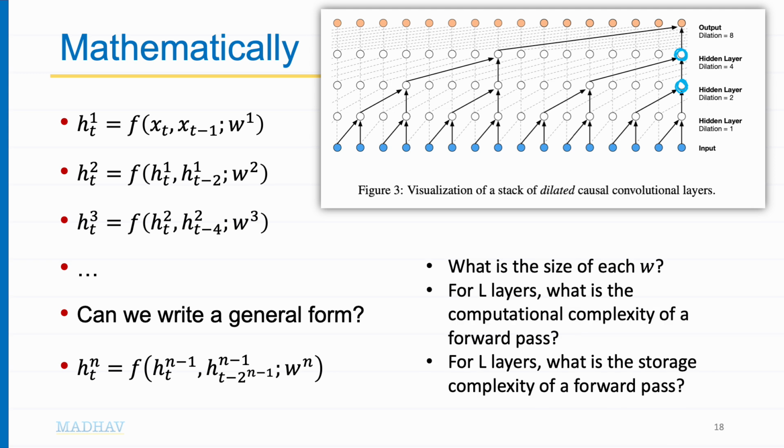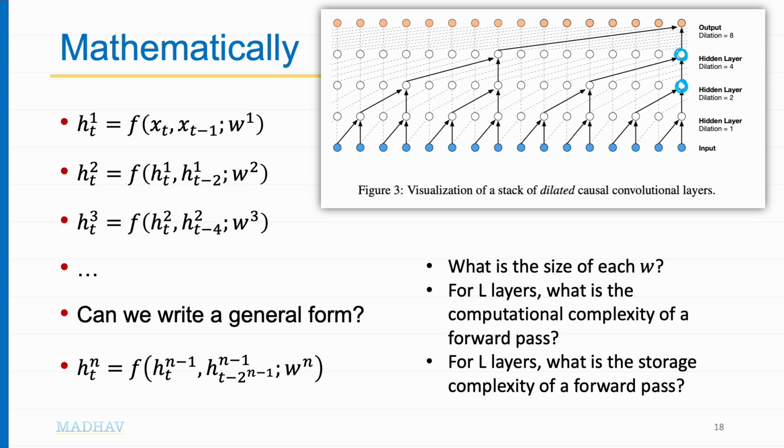How many parameters? What is the size of each W? You see so many W's here. What is the size of each W? Let's take a simple MLP or simple multi-layer perceptron, or simple neural network neuron, which has weights and biases.